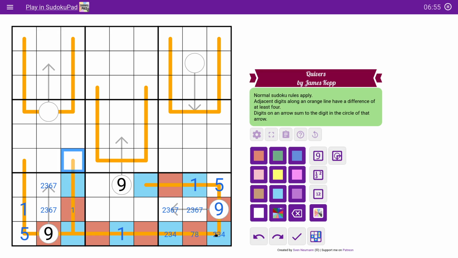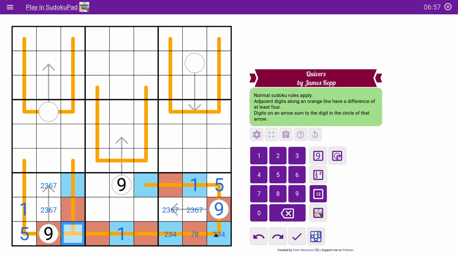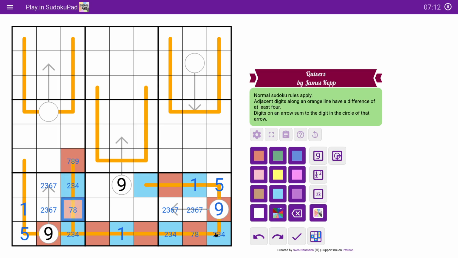This cannot be a 5, right? Let's double check that. 2, 3, 4. This is high, it's 6, 7, or 8. 2, 3, 4, not a 6. So this has to be 7, 8, or 9. Yes. Oops.